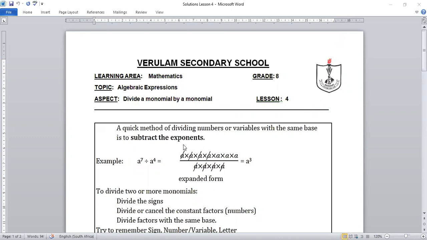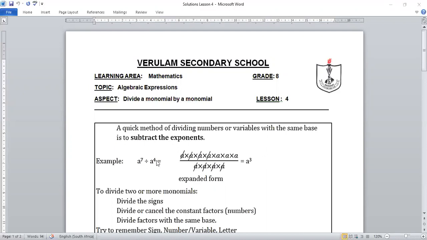when you are dividing, for example, a to the exponent 7 divided by a to the exponent 4, remember you have to write out in expanded form. So the expanded form of a to the exponent 7 is indicated here. Divided, you have your division sign.